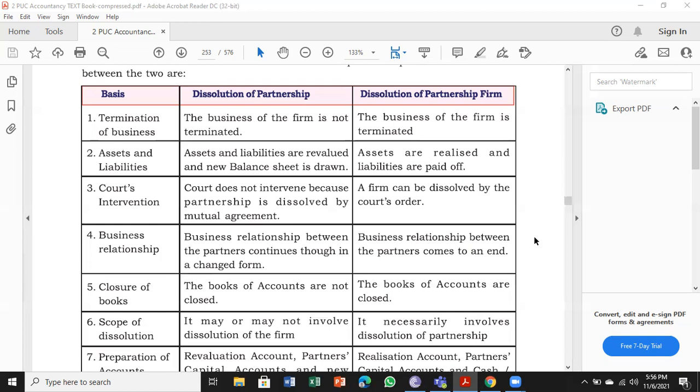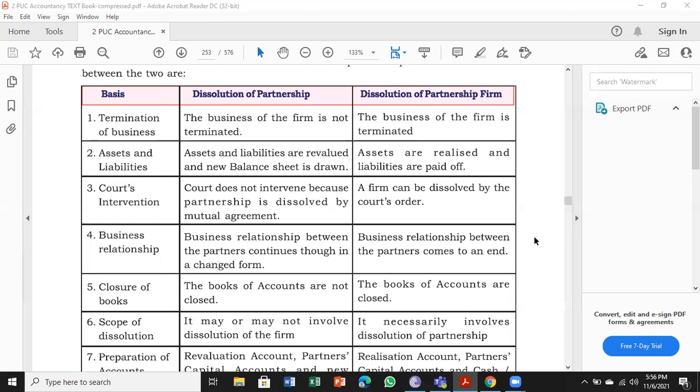Next, third basis is the intervention from court. So court means with the rules and regulation, law comes into force. Law will get involved in this process of business activities.